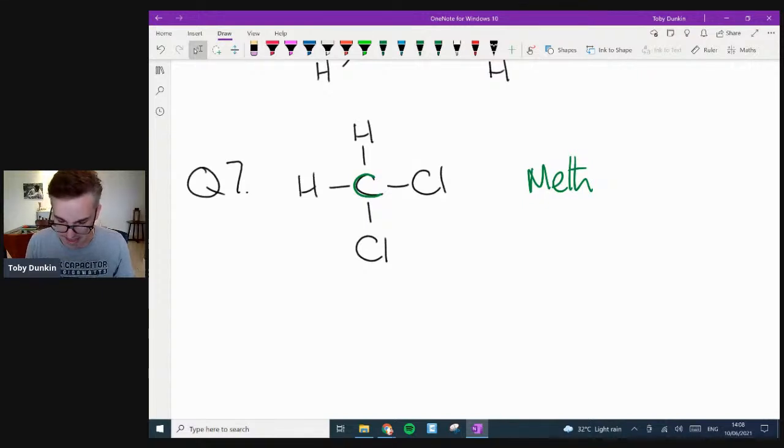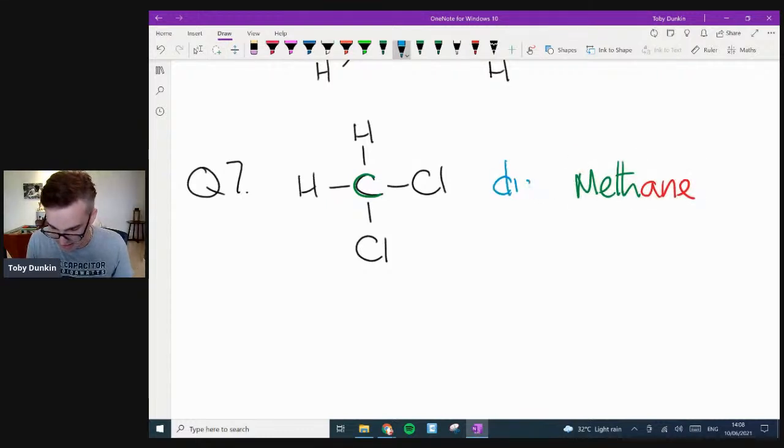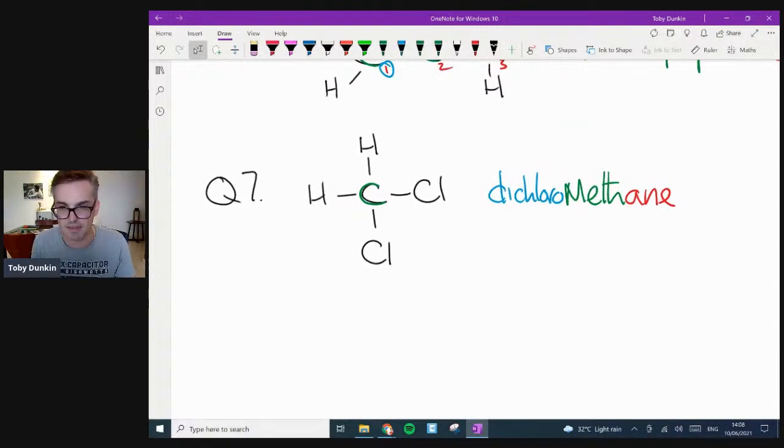So this one is going to be based on meth. It is definitely an ane, and I have got 2 chloros, and in chemistry, that would be dichloromethane. Well done to those 2.